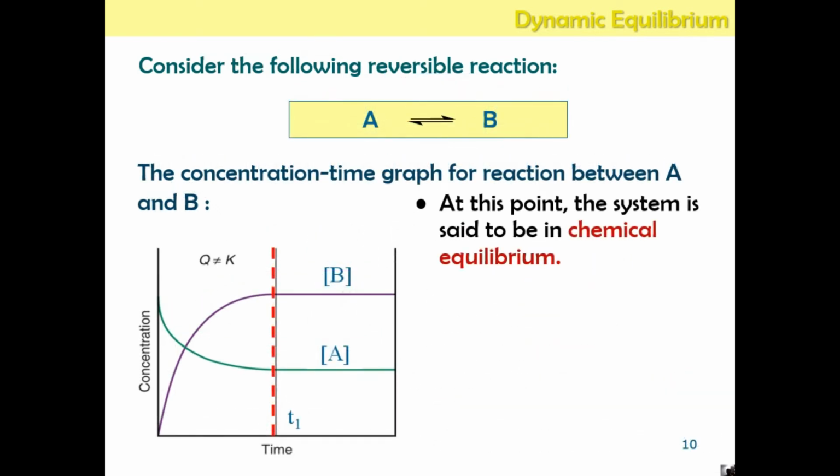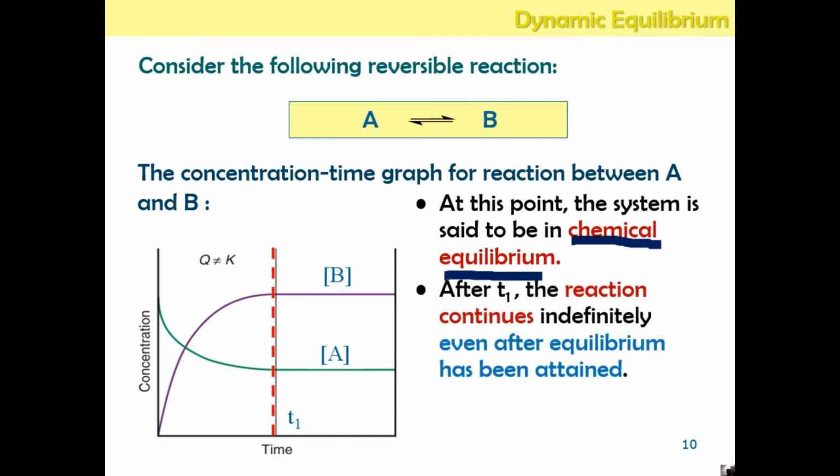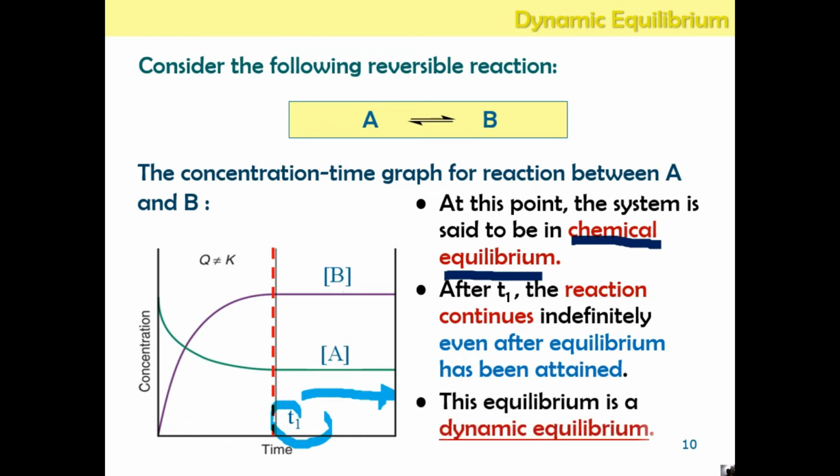At this point, the system is said to be in chemical equilibrium. After T1, the reaction continues indefinitely even after equilibrium has been attained. This equilibrium is dynamic equilibrium.